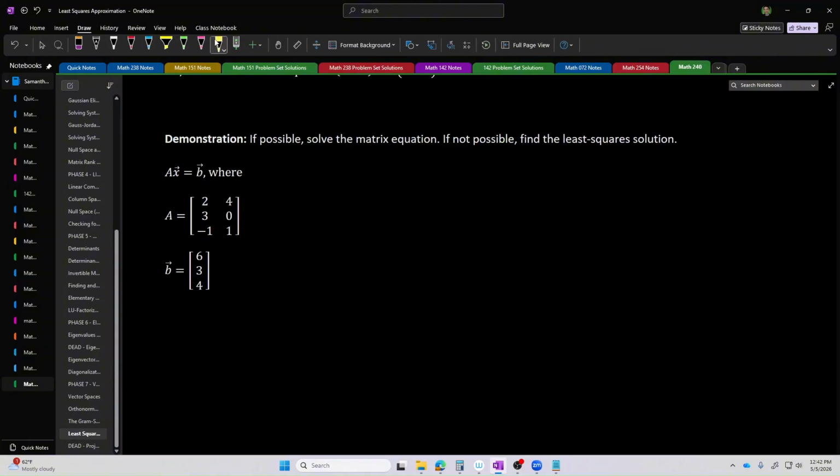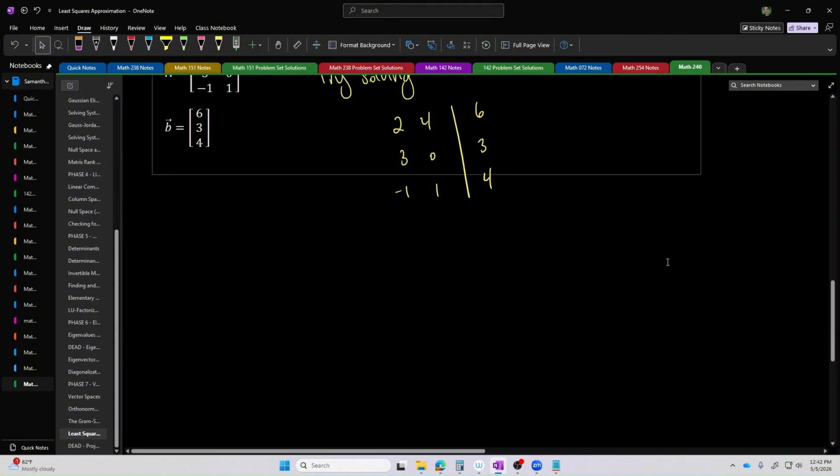So to that end, let's go ahead and try to solve this equation normally and see if we get an actual real solution. For example, I could do that by row reducing. I could augment my matrix with the output I'm trying to produce, 6, 3, 4.